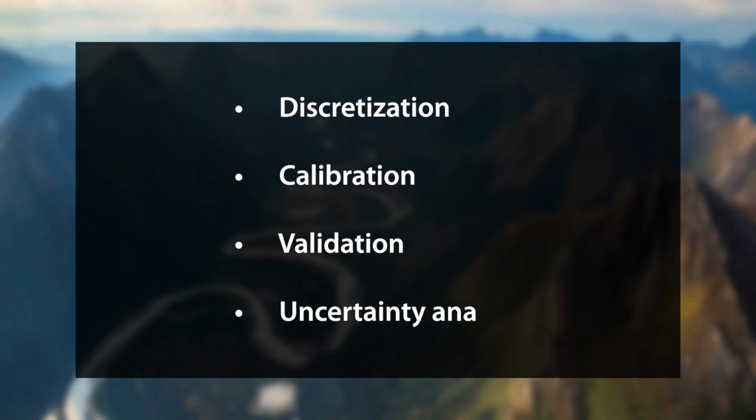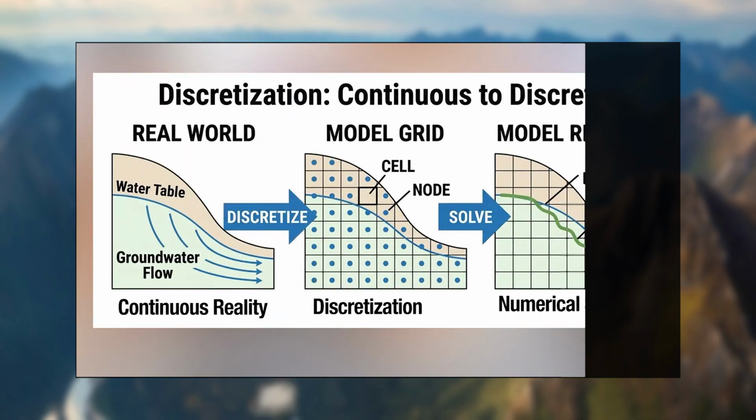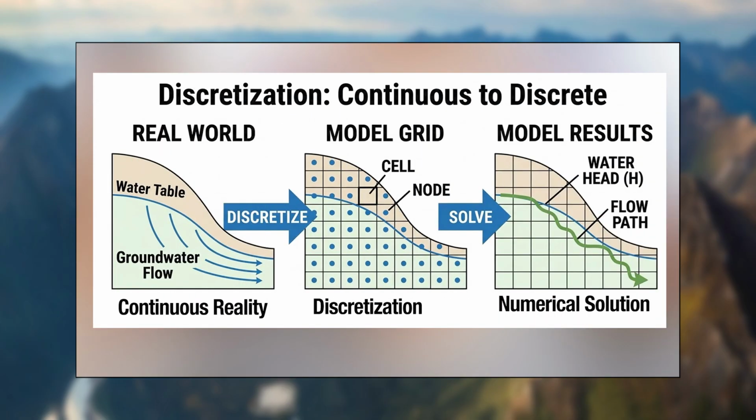Now, let us discuss the core stages of the numerical modeling approach. They are discretization, calibration, validation and uncertainty analysis. Discretization, as you are very aware, is the process of converting the continuous reality of a physical system into a simplified representation consisting of a finite number of discrete components.